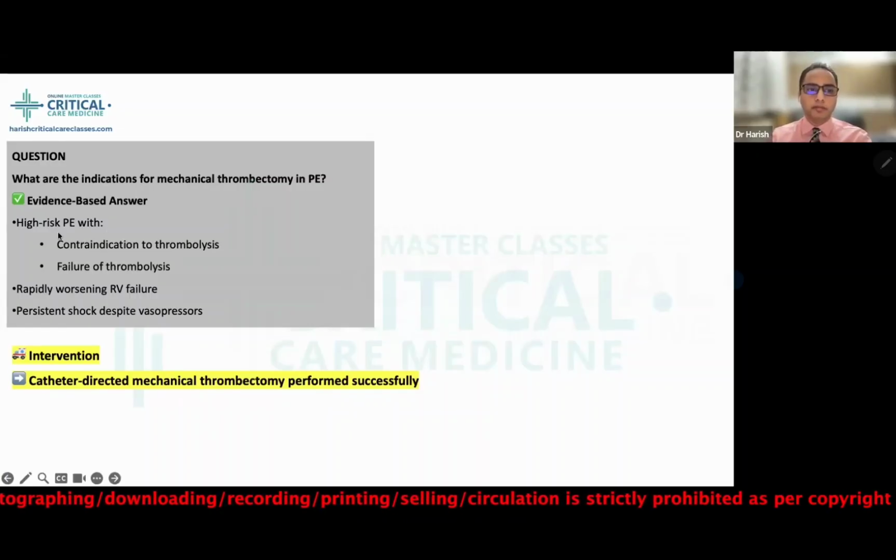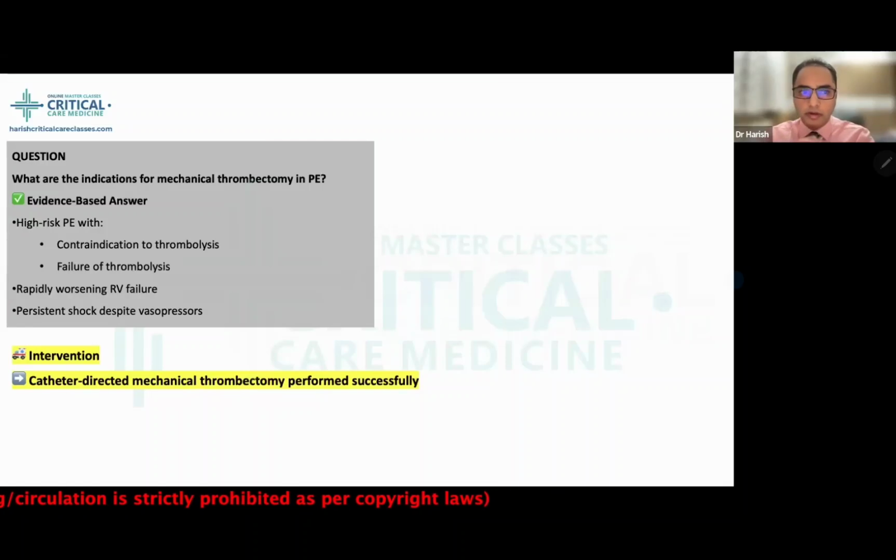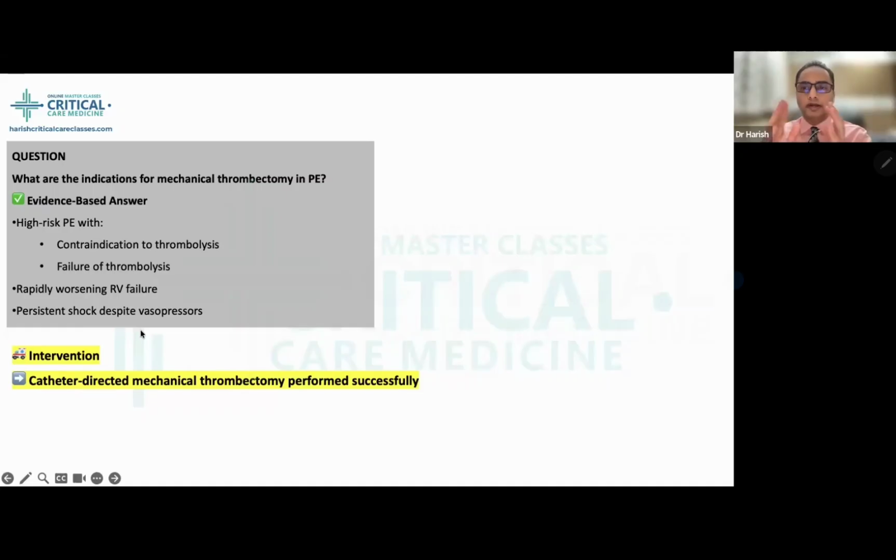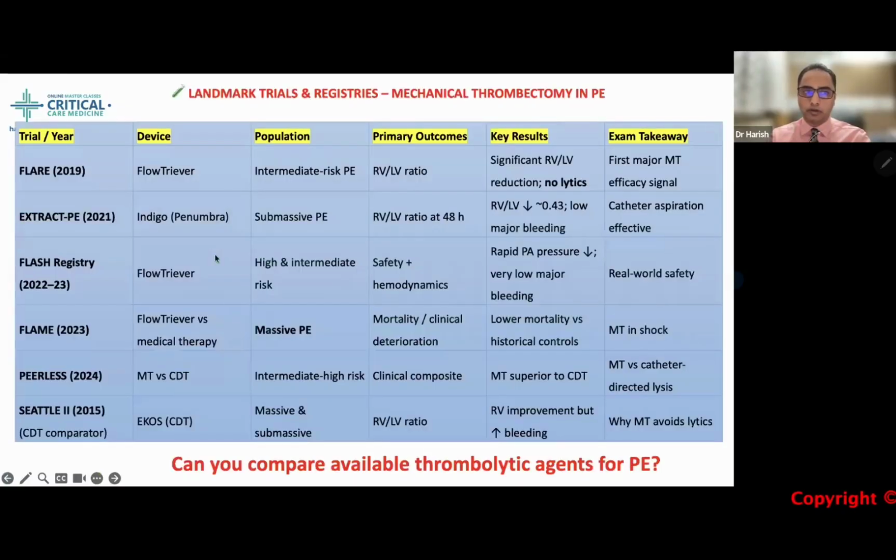High risk pulmonary embolism: contraindication to thrombolysis, or you attempted thrombolysis but it failed, or a complication of thrombolysis happened, then it is an indication for mechanical thrombectomy. Rapidly worsening RV failure, persistent shock despite ongoing vasopressor therapy. All these things are indications for mechanical thrombectomy.